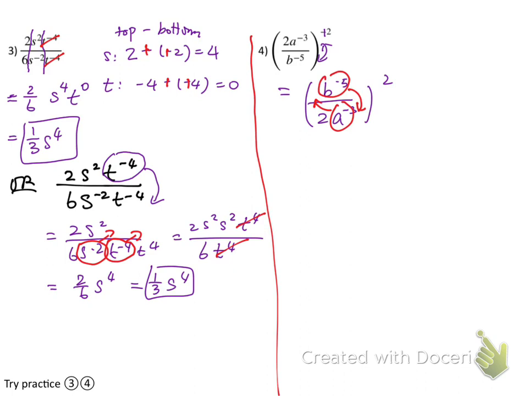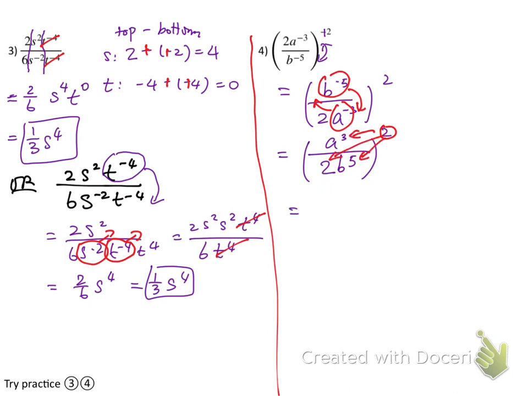The negative powers. This will be 2 remains on the bottom. A negative 3 goes to the top, becomes a to the third. B negative 5 goes to the bottom, becomes b to the fifth, squared. Now I'm going to give this exponent 2 to the 2, to the a cubed, and to the b to the fifth.